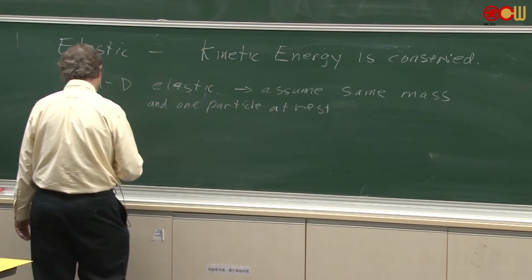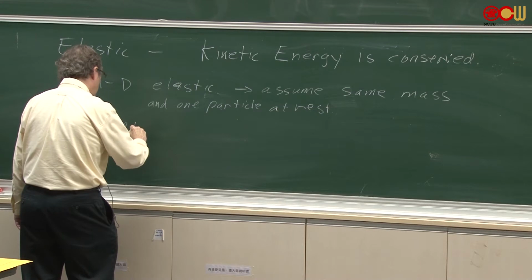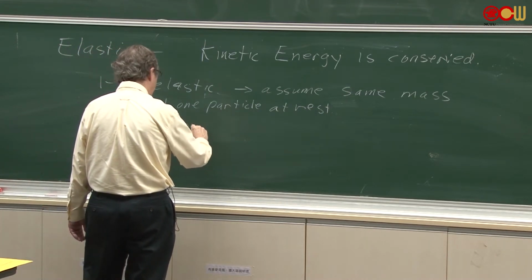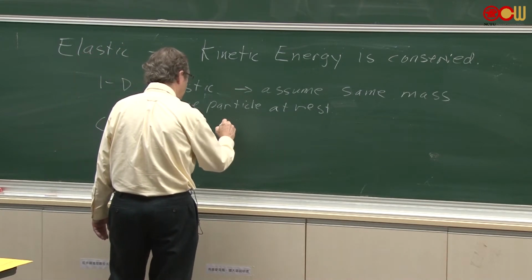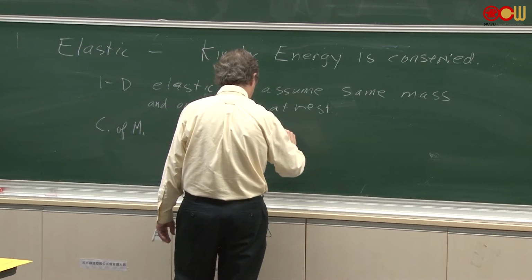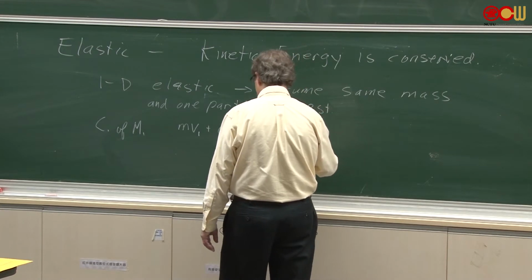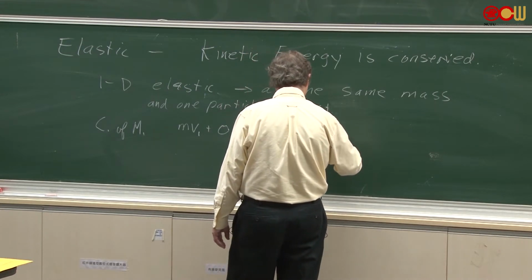All right, so I'm going to write down conservation of momentum. So initially I have m v1 plus 0, because one particle is at rest, equals m v1 final plus m v2 final.